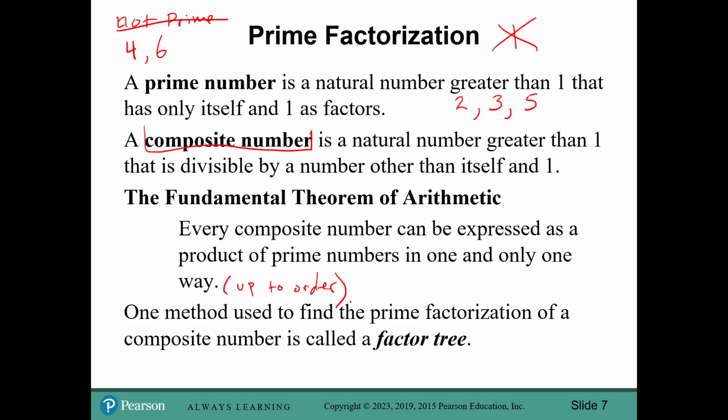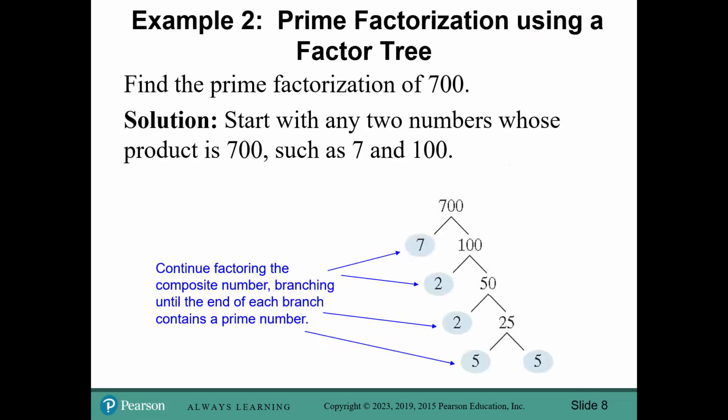So one way to find this unique factorization is using a prime tree. So if I take the number 700, I know it's divisible by 7. So I'm going to factor out a 7. If it's a prime number, I'm going to circle it. And then the result, if I take 700 divided by 7, the other factor of that is 100, which is not prime, so I'm going to keep factoring that.